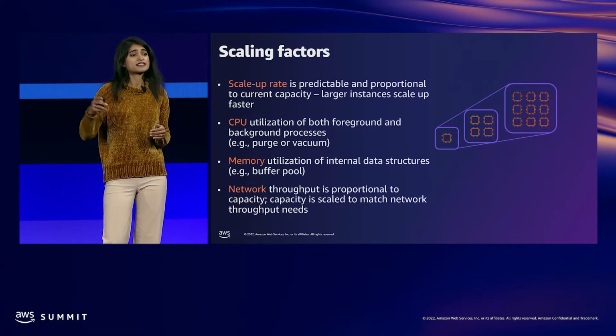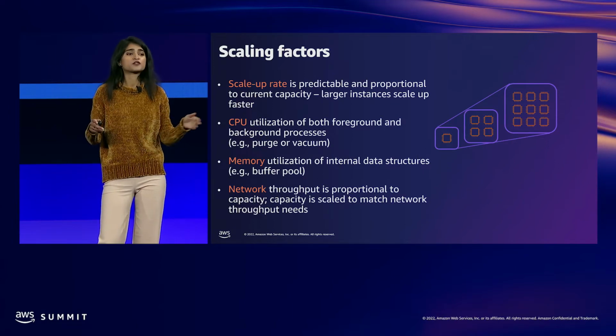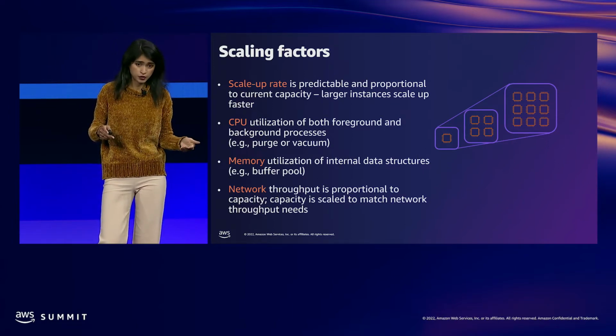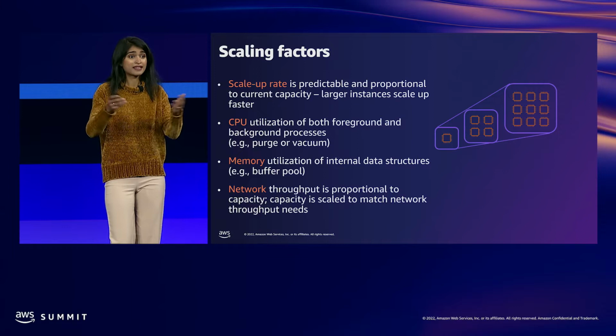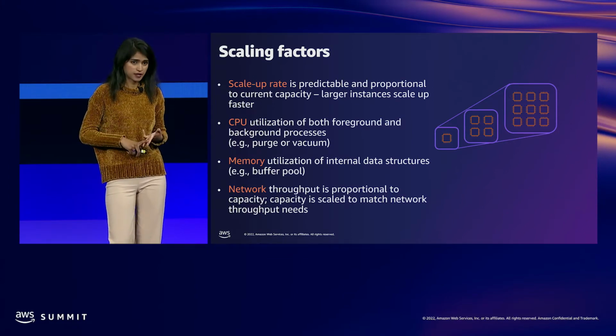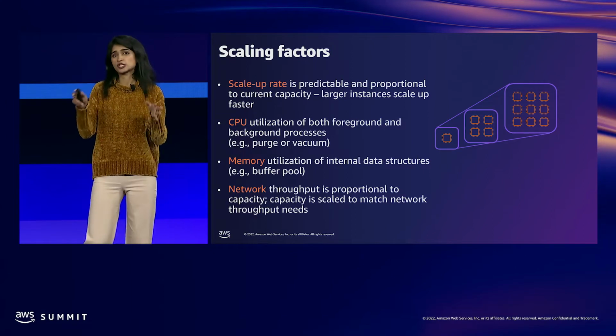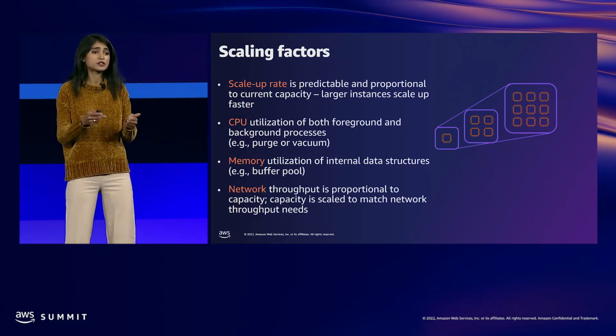So let's say if you're at 16 ACU, we'll go faster to 17 ACU as compared to if you're at 3 ACU and you want to go to 4 ACU. The factors that basically determine if the database is going to scale up or not are CPU, your memory, and your networking. If your workload requires more CPU, let's say, we're going to scale the database up so you get that CPU resources that you need.